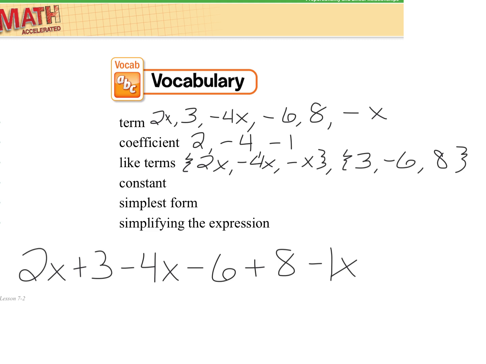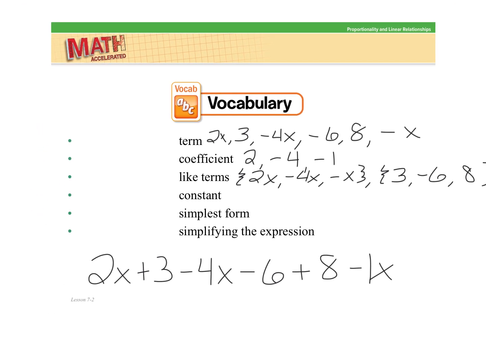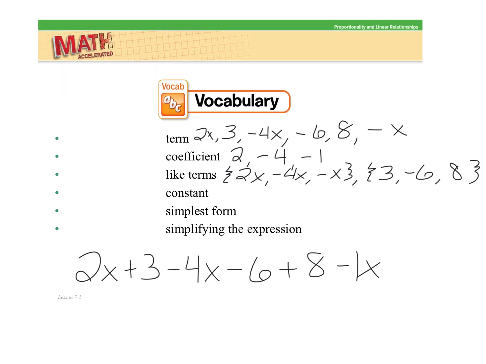Okay? Last term, constant. What do we think constant means? Something that stays the same. What's a constant in this expression? X. Do x's always stay the same? No. Why not?